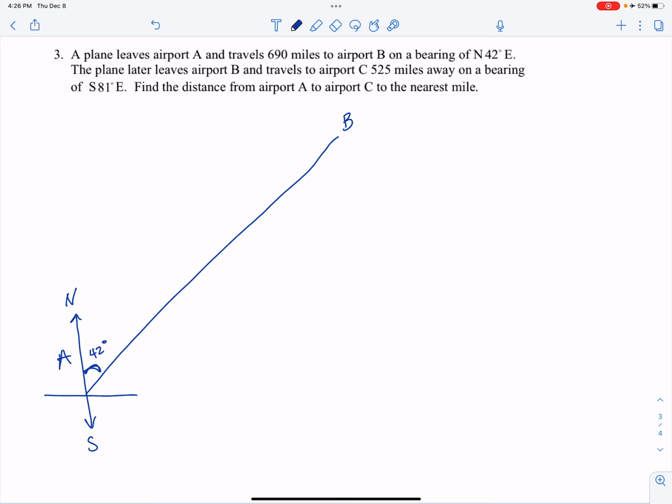So it's that angle outside of our triangle. It's the angle from north. We've gone 690 miles.